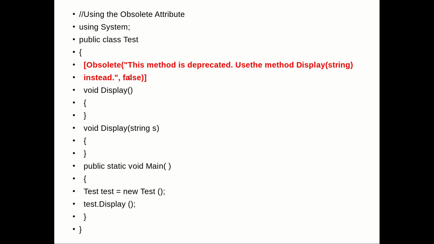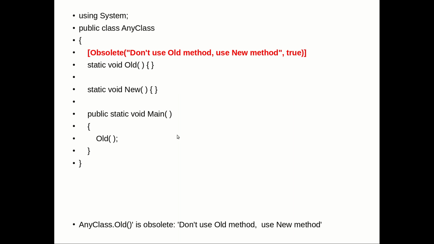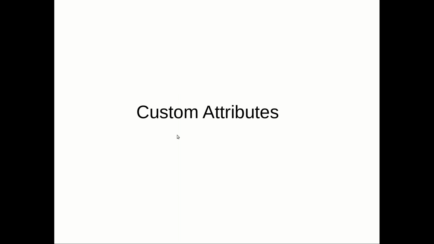By default it is false, so it generates a warning message, whereas if it is true, it generates an error message. So that is what we have seen in the attributes.